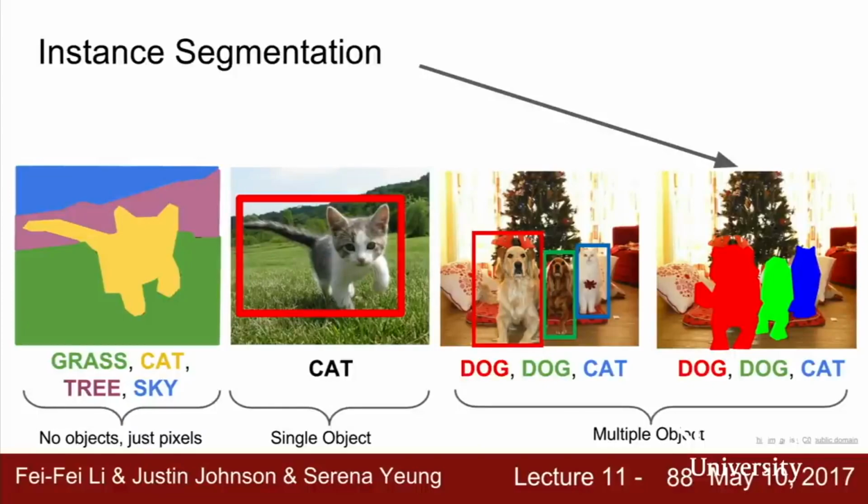So this is kind of like a hybrid between semantic segmentation and object detection, because like object detection, we can handle multiple objects and we differentiate the identities of different instances. So in this example, since there are two dogs in the image, an instance segmentation method actually distinguishes between the two dog instances in the output. And kind of like semantic segmentation, we have this pixel-wise accuracy, where for each of these objects, we want to say which pixels belong to that object.